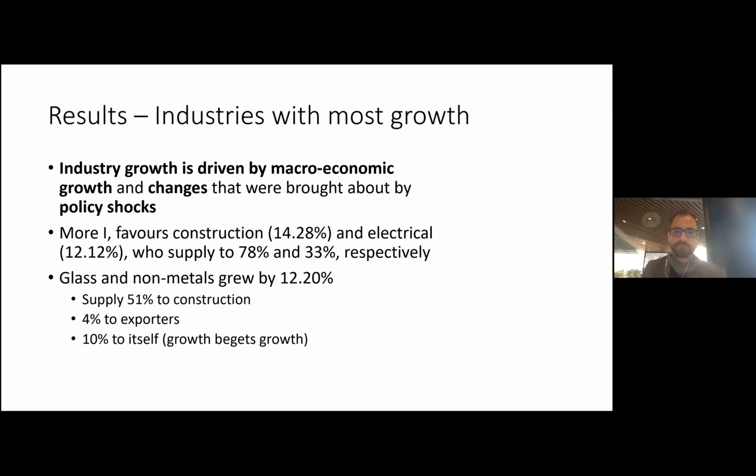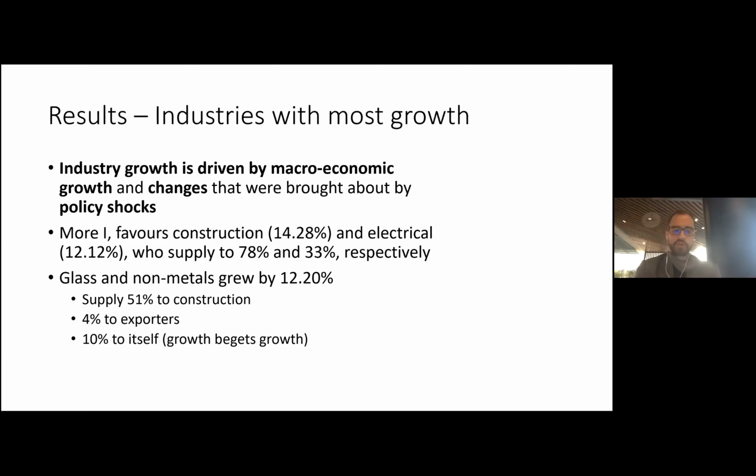So to understand the industry results, it's important to understand that these results are driven by the macroeconomic shock in this case, and then of course other specifics about the policy shocks. So more investments, more favors construction, of course, as we saw, and electrical, because they supply 78 and 33% respectively to the investors, and then glass and non-metal.